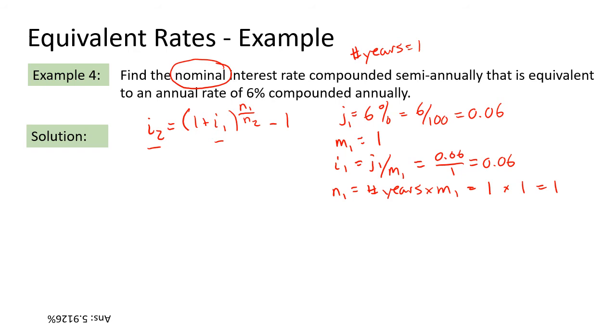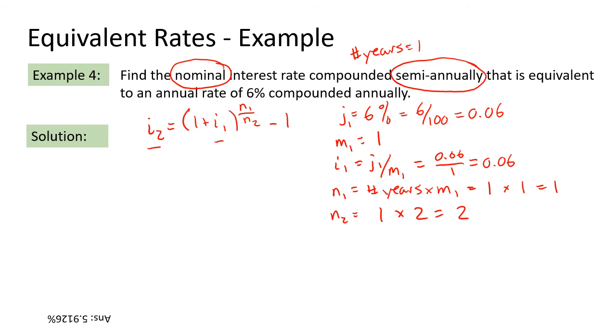The last item we need is the number of compounding periods for the second scenario, N2. Again, the number of years is 1. In the second case, it's semi-annually, which means our number of compounding periods per year is 2. So we get a value for N2 of 2.